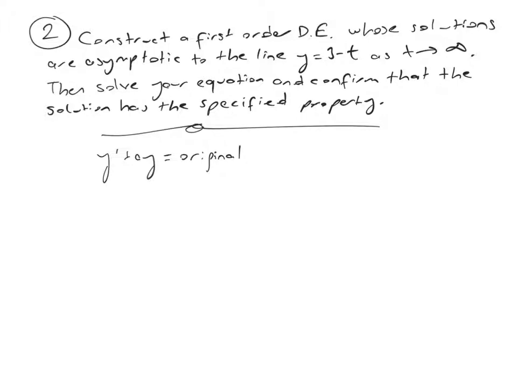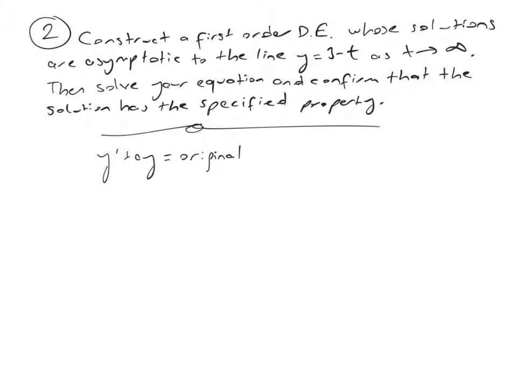By choosing a proper value for a, due to its sign, we can adjust whether our function will exponentially rise or decay in time. So in this question, a is related to the adjustment of our function to asymptotically get closer to the line y equals 3 minus t.